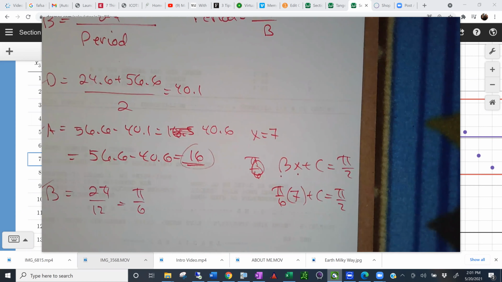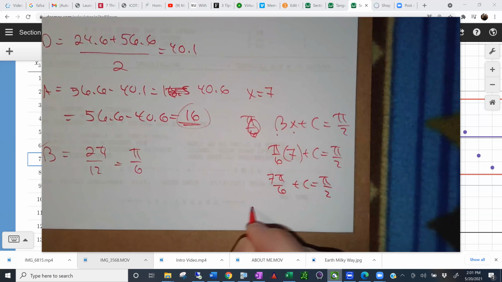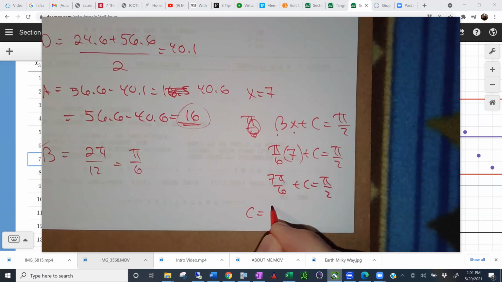That allows us to solve for C. I'll move this over to the other side, so that's going to be 7 pi over 6 plus C equals pi over 2. So C equals pi over 2 minus 7 pi over 6.